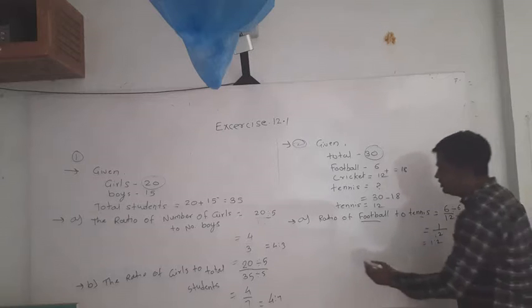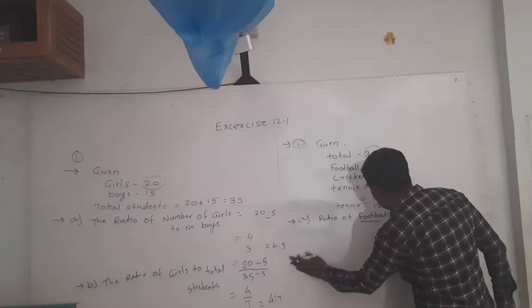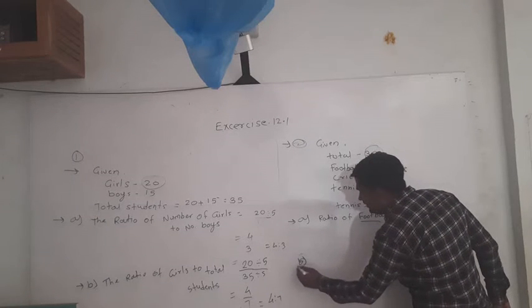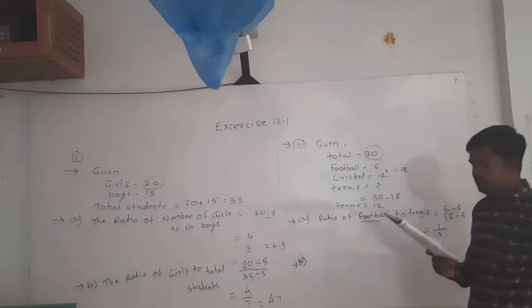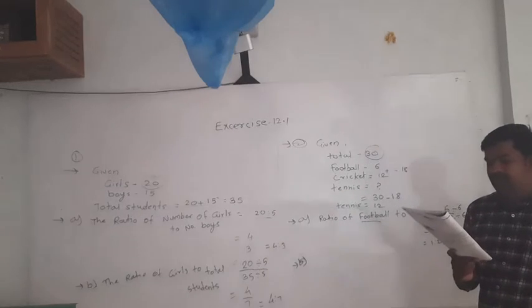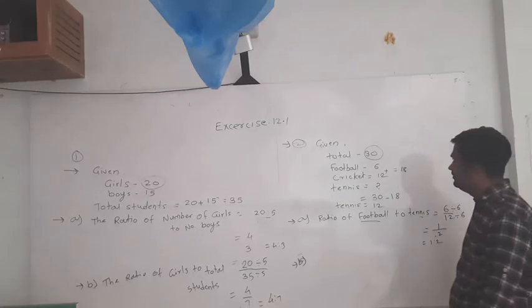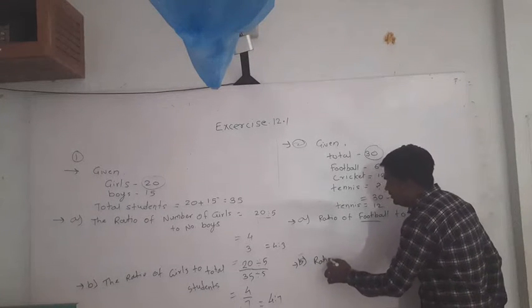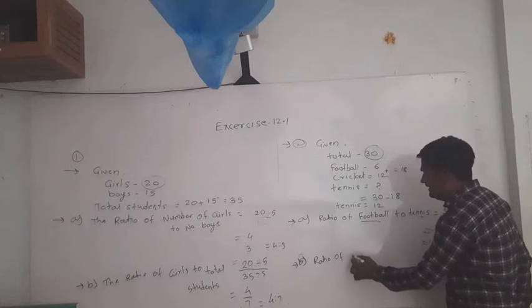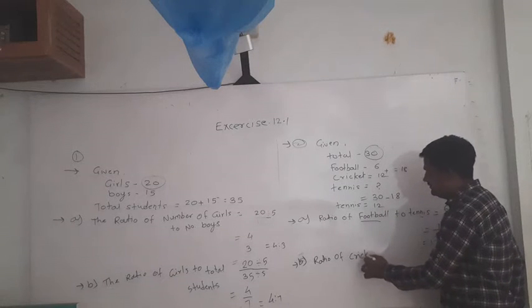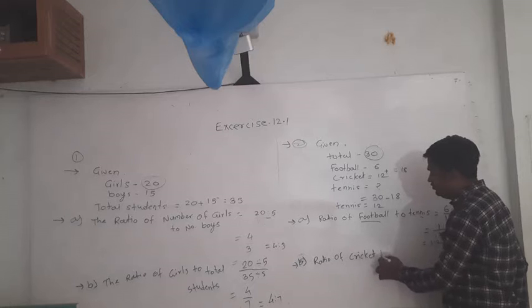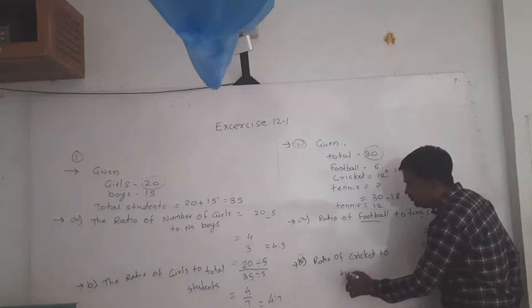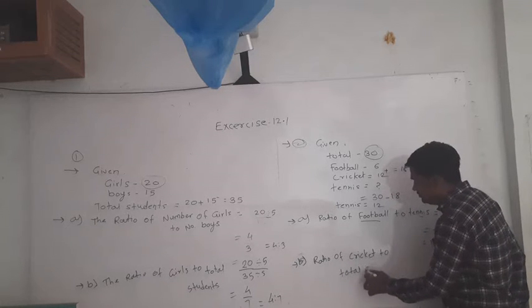And B number question. Number B, I will write the answer directly. Which ratio will we find here? Liking cricket to total students. Yes, ratio of cricket to total students.